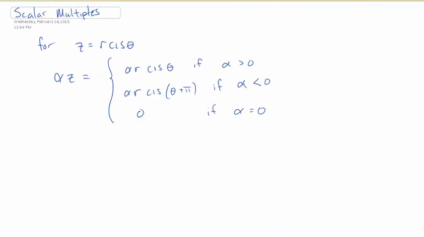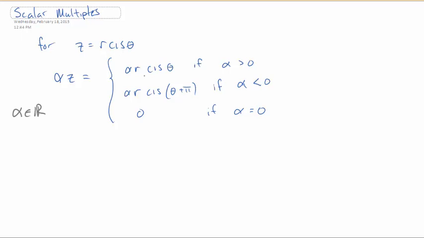And the last thing involves scalar multiples. If I have some complex number, z equals r cis theta, alpha, a scalar, alpha is a real number. If we do that and multiply by z, one of three things is going to happen. If alpha is positive, all we do is make the modulus that many times larger. The argument stays the same.